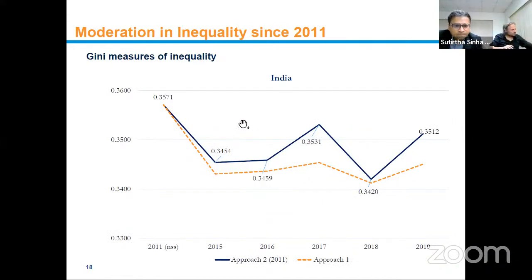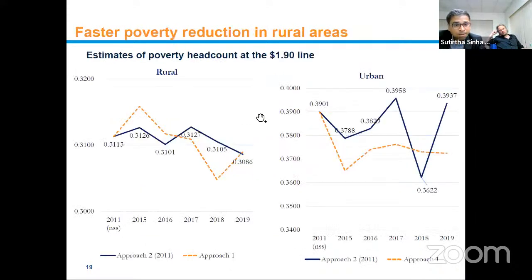Coming to inequality, the URP level of inequality in 2011 was 35.71, going by Gini. We don't observe at the India level any significant increase in inequality in the years post 2015.